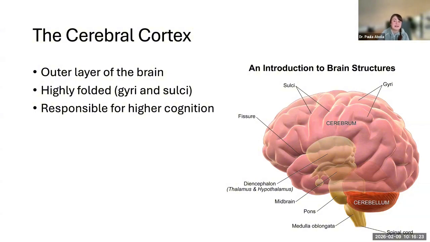So damage to the cortex can therefore produce very specific impairments, such as maybe difficulty understanding language or planning actions. And it can leave other abilities intact. So understanding cortical organization actually helps neuropsychologists interpret these patterns and link observable behavior to underlying brain function.